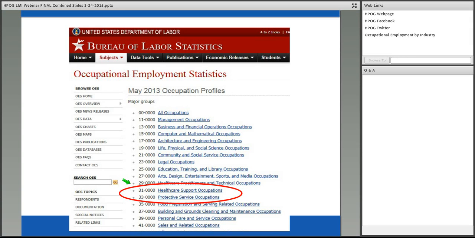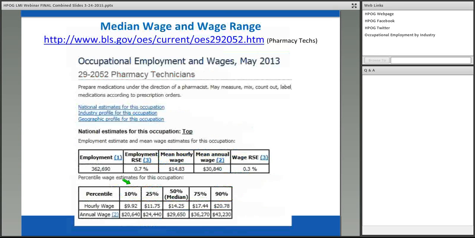And since this project is focusing on healthcare occupations, I wanted to point out that 29 is healthcare practitioner and technical occupations, and 31 is healthcare support occupations. So you can just go right to that section. And then if you click on either of those links, you'll see the full list of detailed occupations within those groups, and the data is available at the detailed level.